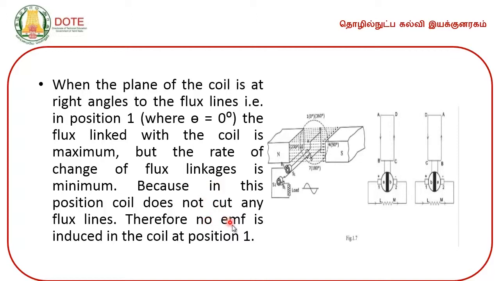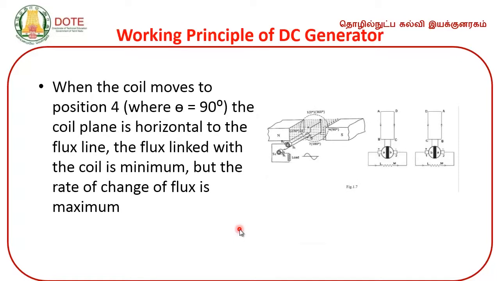Therefore, no EMF is induced in the coil at position 1, because E is nothing but minus N d phi by dt. We have already seen this. Whenever d phi by dt is 0, the expression for induced EMF becomes 0. That is what it implies.